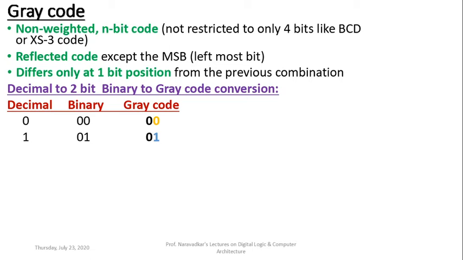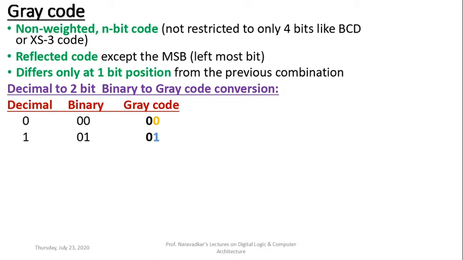Here you can observe from the 2 successive entries of the gray pertaining to decimal 0 and 1. Initially it was 0, 0, the previous combination. Next combination is 0, 1. There is only 1 bit change. That yellow 0 is changing to blue 1.